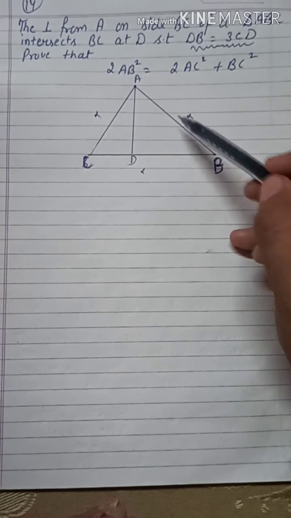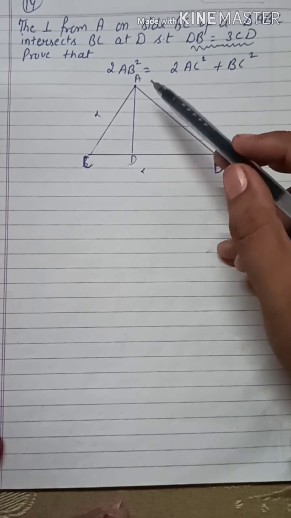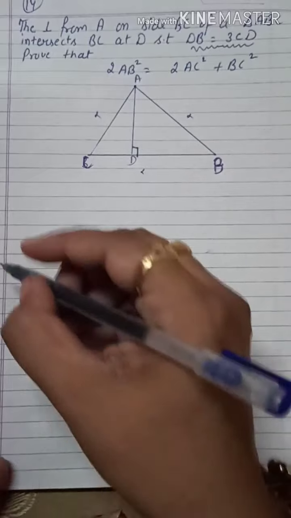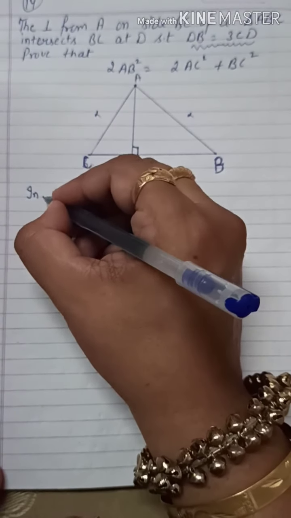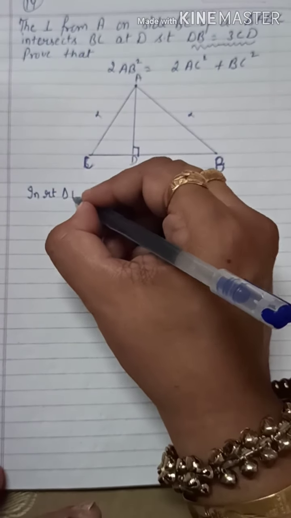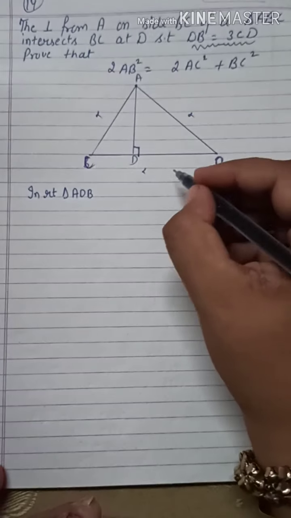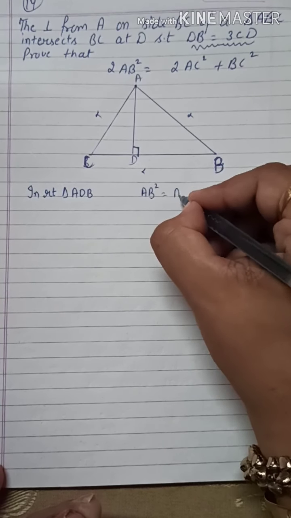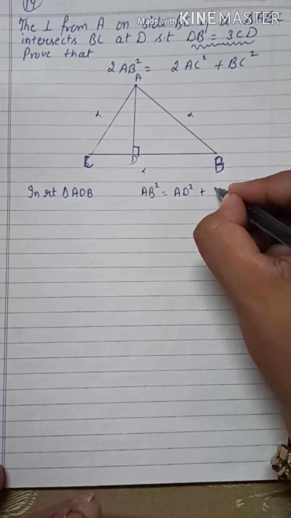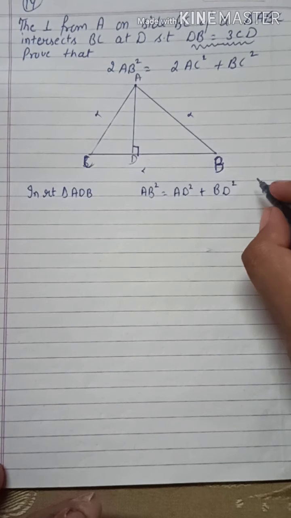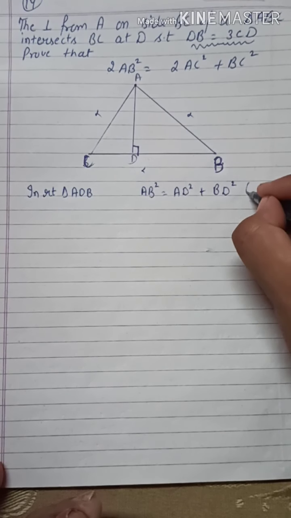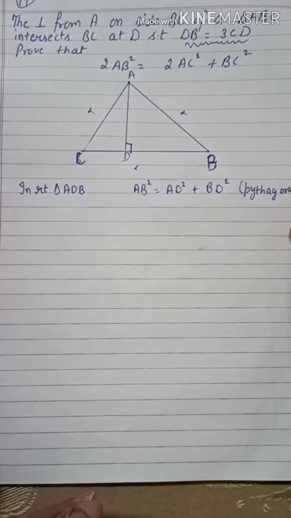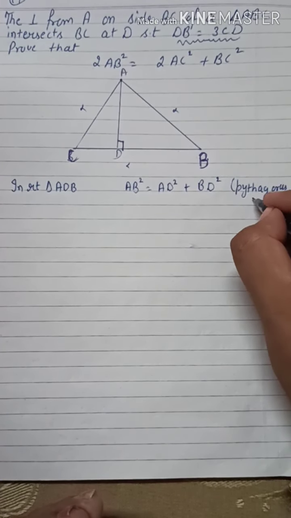I take this triangle ADB because AD is the altitude and this angle will be 90 degrees. Then in right triangle ADB, AB square equals AD square plus BD square, by Pythagoras theorem.